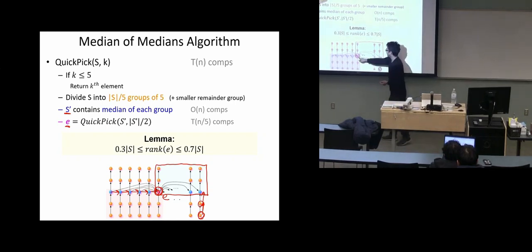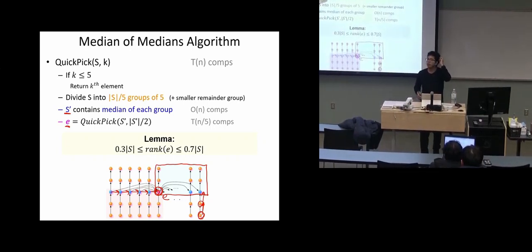We know that everyone here must be greater than E. And the same thing is that everyone in the red box, except E itself, is less than E.